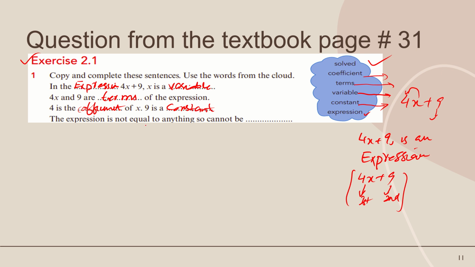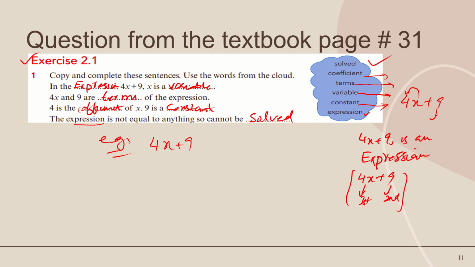The expression is not equal to anything, so it cannot be solved. For example, 4x plus 9 has no equal sign here, so we cannot find a solution of the expression.